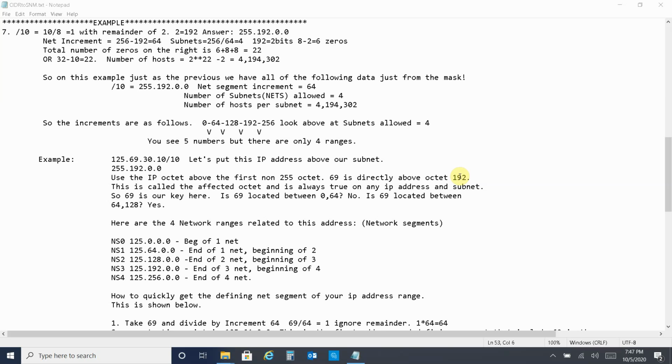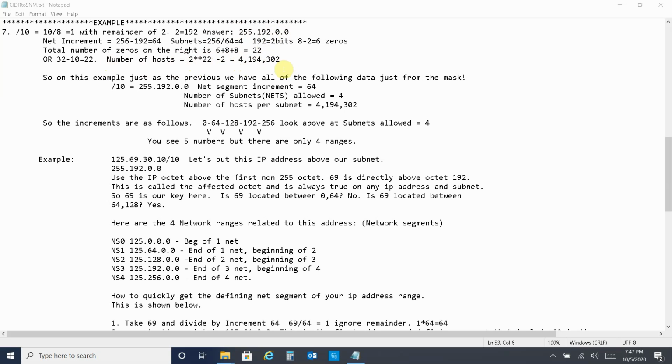Of course, if you want to do it the easy way, just go to 32 minus 2, and you get 22. In other words, I skipped a little bit here. Total number of zeros to the right is 6 plus 8 plus 8 is 22. That's if you want to do this an intuitive way. The number of hosts is 2 raised to the 22 power minus 2, which is 4,194,302.